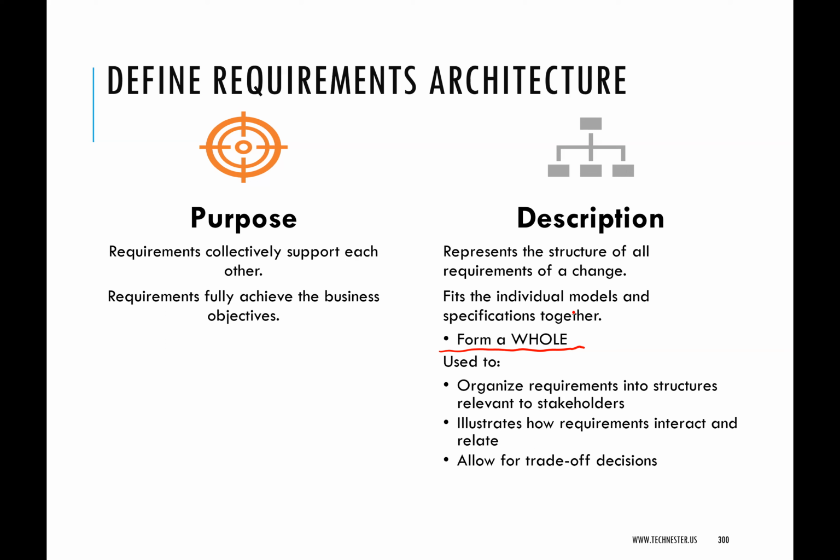They help you illustrate how requirements interact with one another, and they allow for trade-off decisions. And what this means is when you have requirements contradicting one another, and you can see them, right? You have modeled them and you can see that this use case and the way we have described it has a part of it that is affecting this other use case negatively.